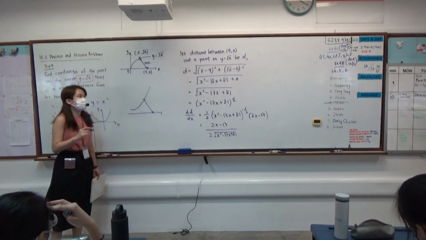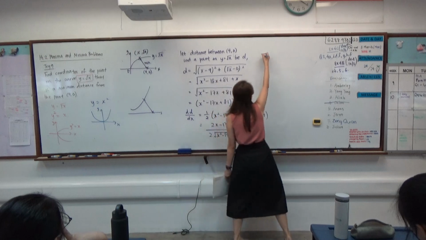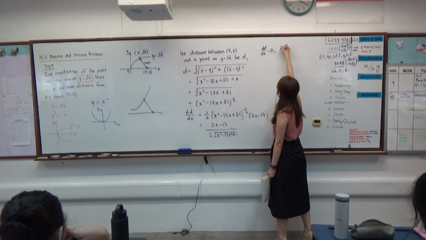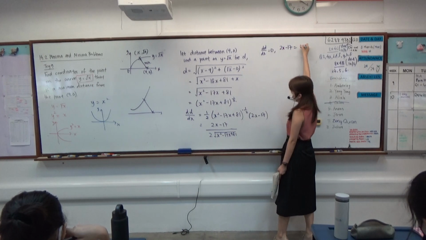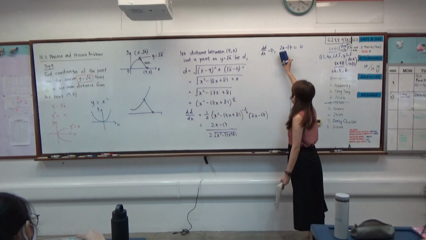Then we want to find out the stationary value. So that means our dD over dx equals 0. Actually we can cross multiply, so our denominator would be gone.